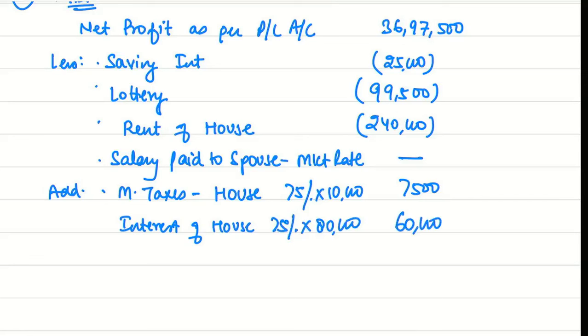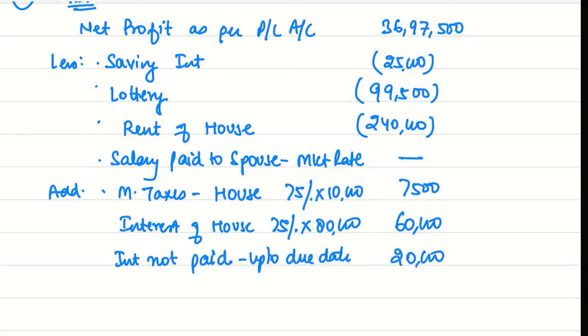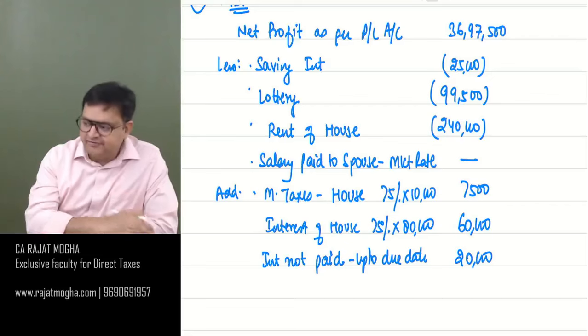And then remaining 20,000, which is for PGBP, I should have allowed it, but the thing is, it's not yet paid. So interest not paid up to due date. So I will disallow remaining 20,000 also. So on the whole, entire 80,000 is disallowed.